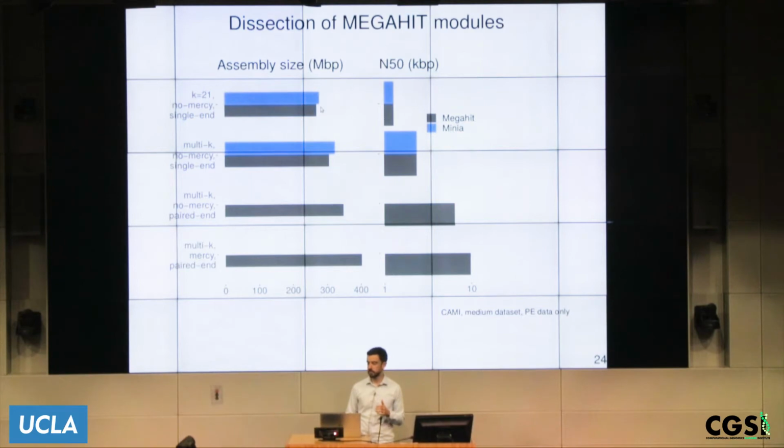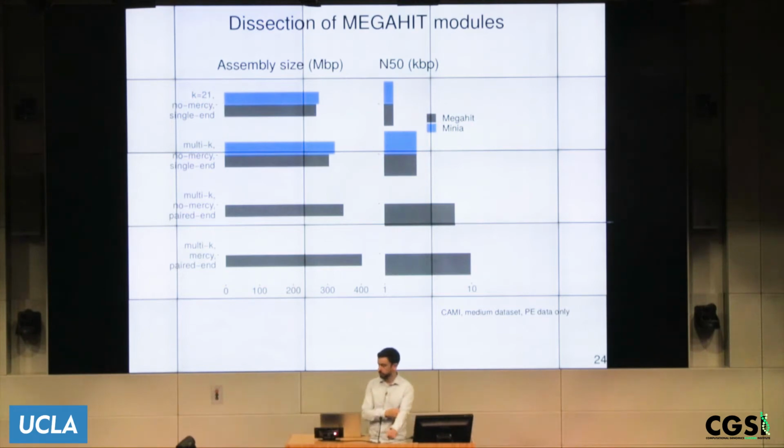It gave me this assembly size, a little short of 300 megabases, and a low N50. But when you switch to a multiple k strategy, you see that assembly size increases and N50 also, which is unsurprising, but it's good to see the magnitude of the effect.